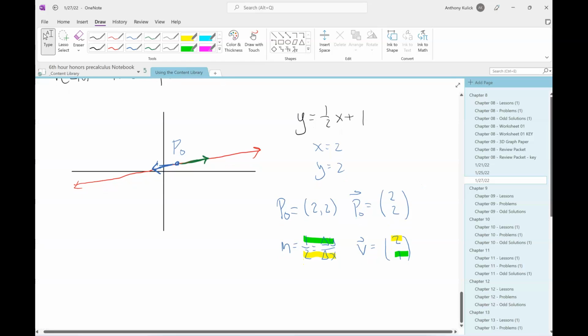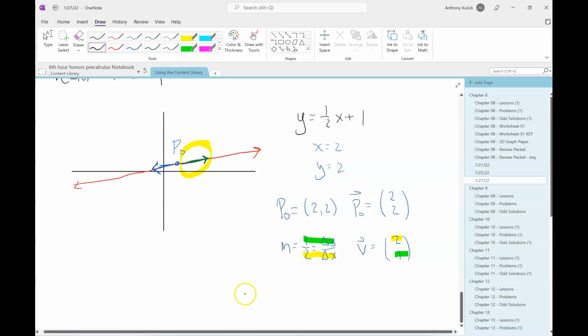But that's still not quite what we want, because I need to be able to generate any point vector on this red line. So I need to somehow be able to make this part of my vector line equation as long or as short as I need it to be.